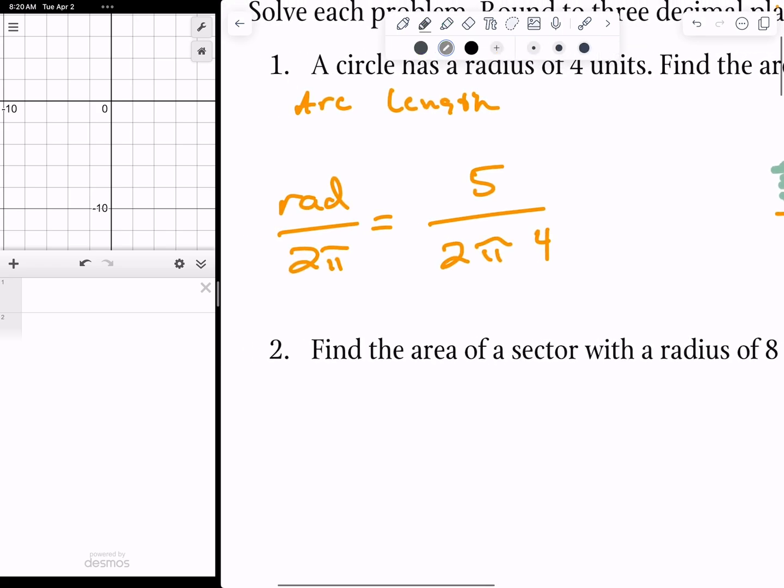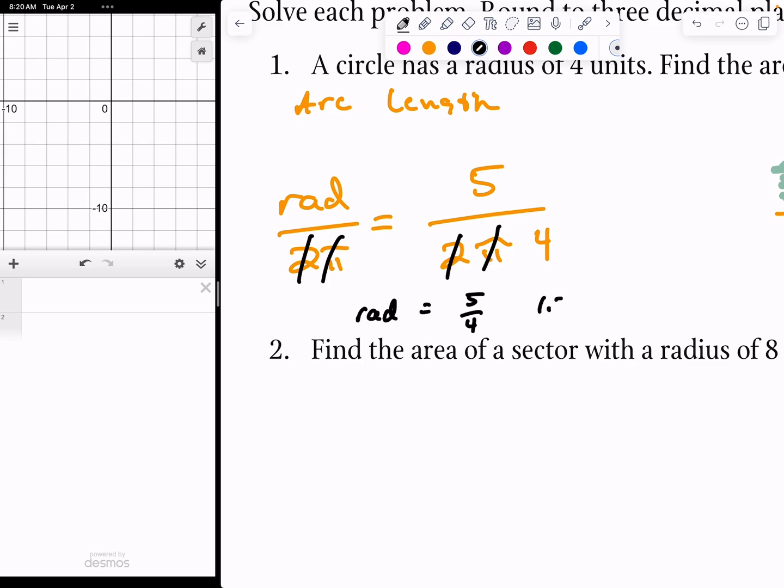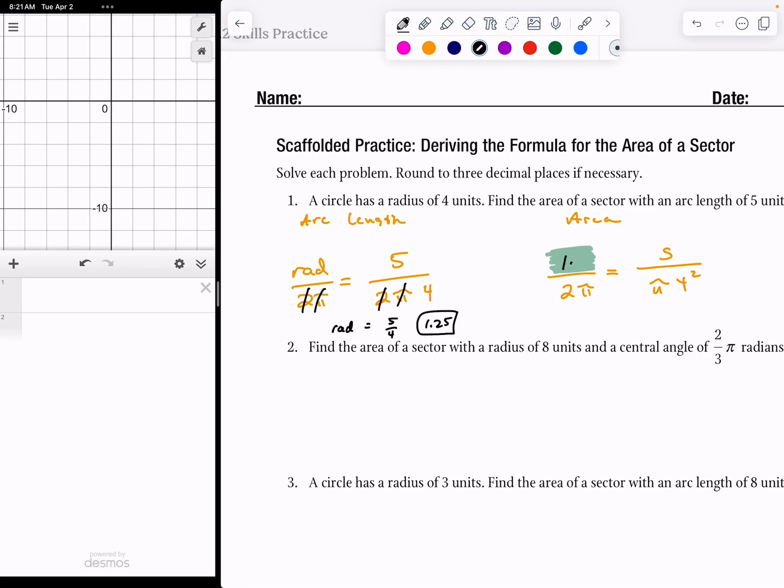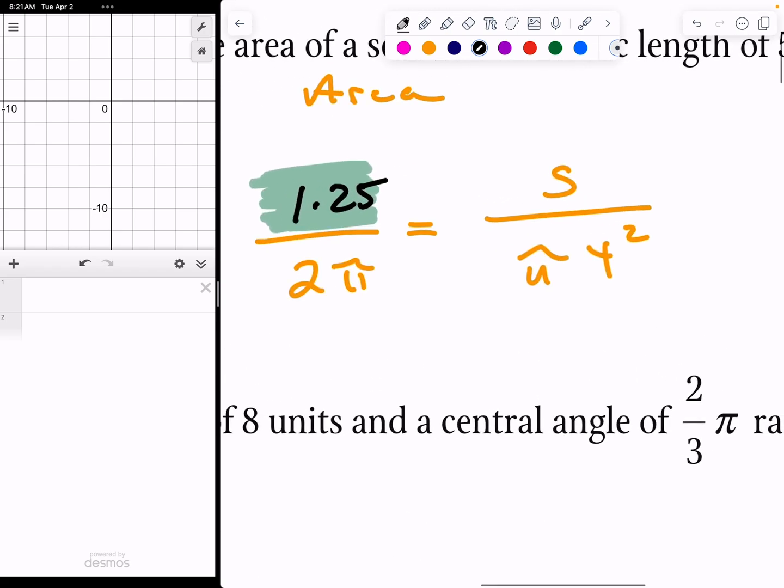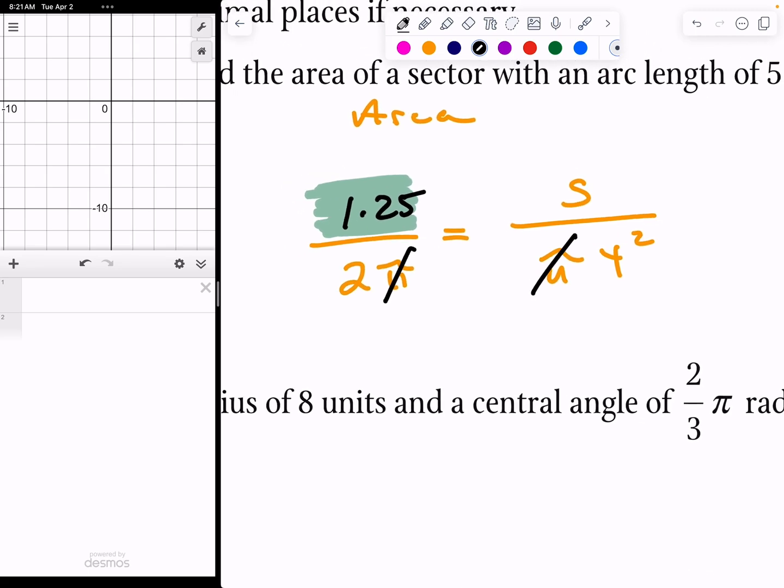So 2 pi radian equals 5 over 4, which is 1.25. Let's go over here and put 1.25. Pi here and pi here cancel.